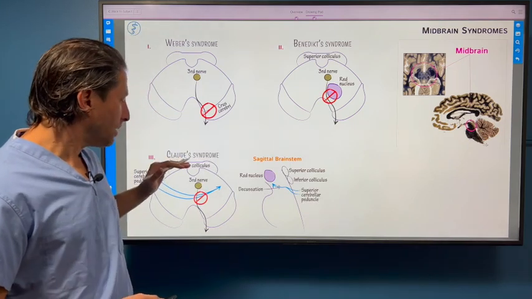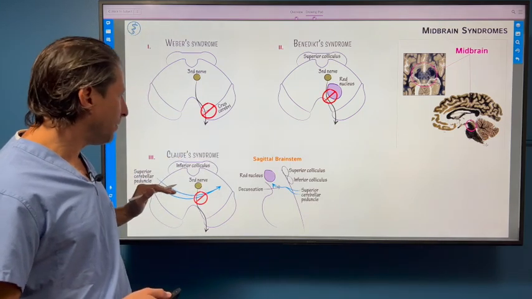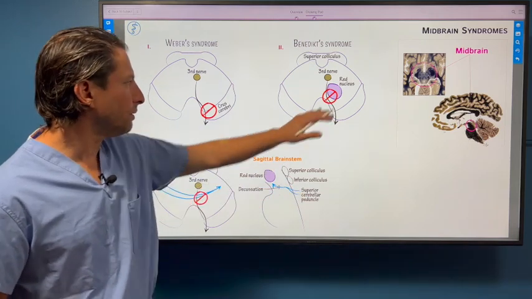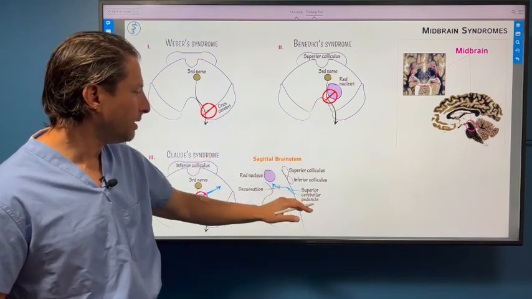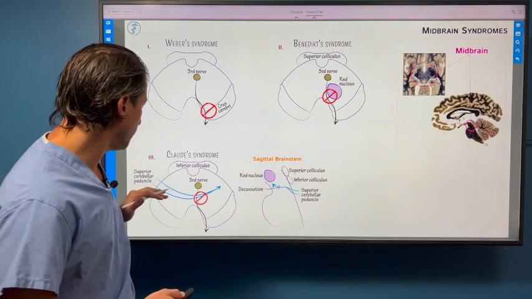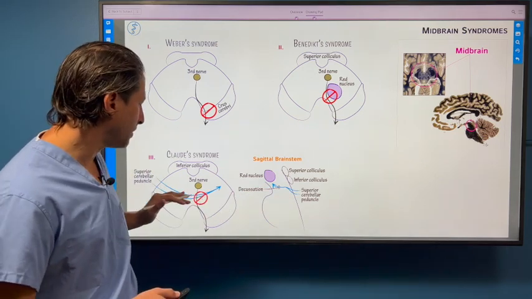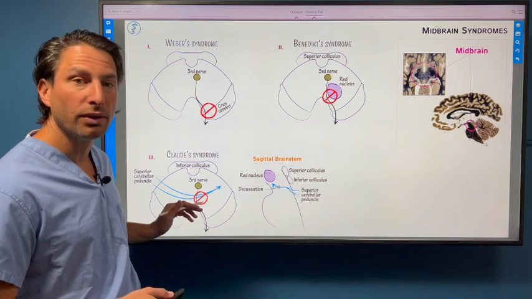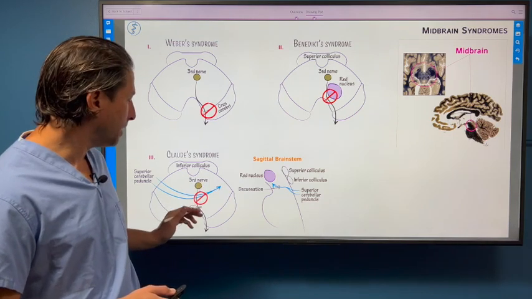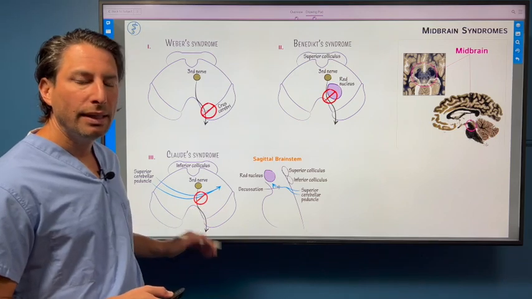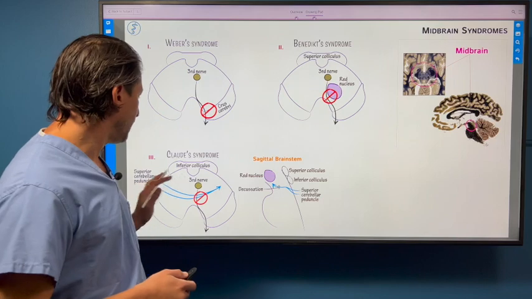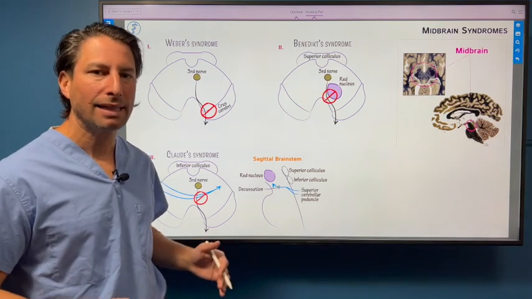Then in a Claude syndrome, it takes place inferior to the red nucleus here. You have these decussating superior cerebellar tract fibers, superior cerebellar peduncular fibers, and then you also have the third nerve that gets hit. So you're going to have an ipsilateral third nerve injury, and then very confusingly, you're going to have a contralateral ataxia.